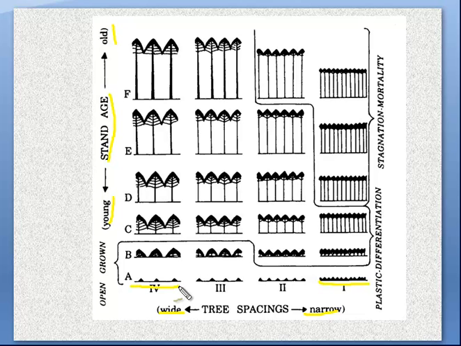If you take a very widely spaced stand of trees, and it could be in nature, over time, and this is supposed to reflect the crown, you can see these trees have very minimal competition, and none of them die. These trees usually have the largest branches because they're so open grown, and they continue on.